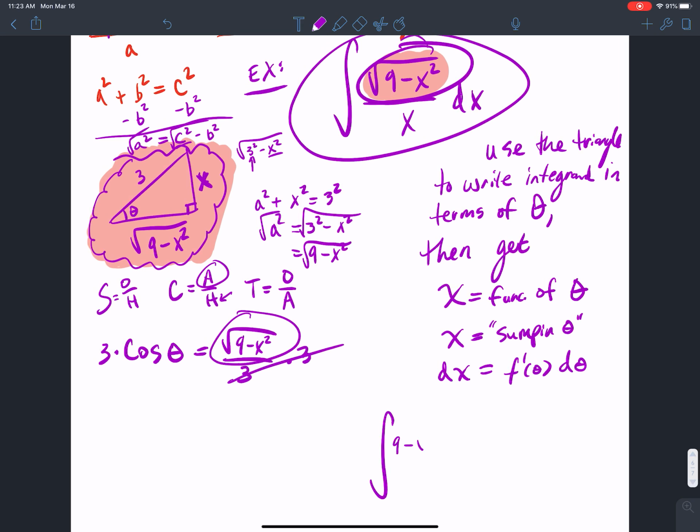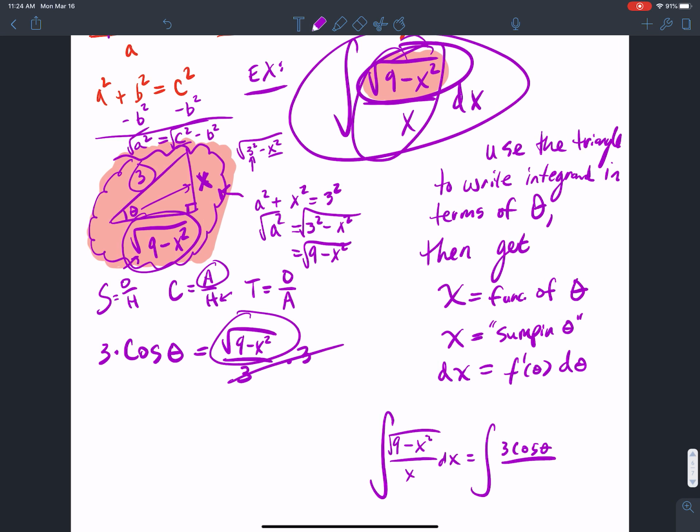So 9 minus x squared square rooted over x dx. Now I've got 3 cosine theta up top. What about x? Is there a way to get x? Opposite over adjacent would be a mess. Really, the best substitution would be adjacent divided by opposite, which would be cotangent, but I don't want to get too crazy with this.